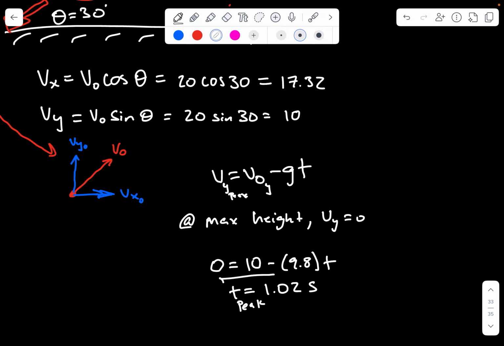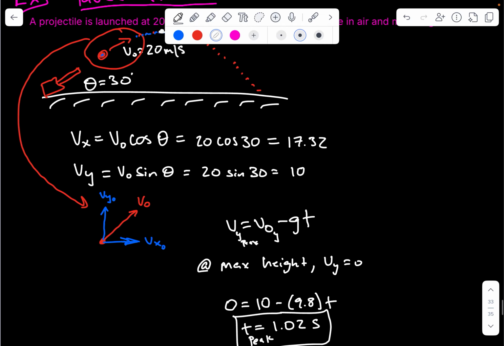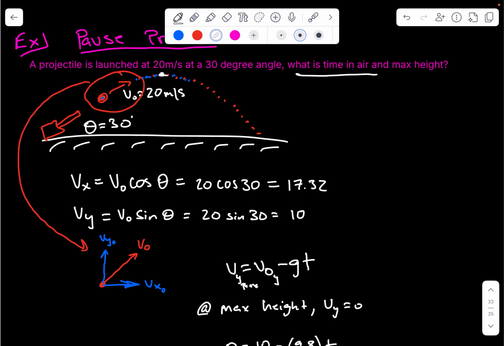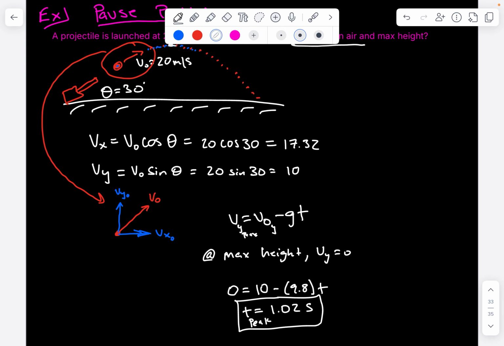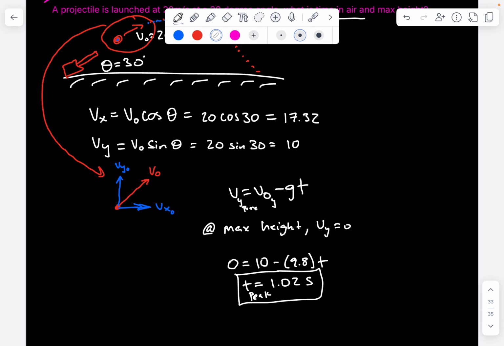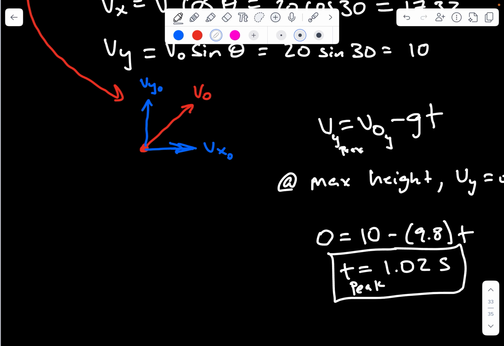So this is t peak, right? However, that is not what the problem asks. The problem asks, what is the time in the air? But we only solved for the time peak, the time it takes to get to the max height. However, the one beautiful thing of projectile motion is it's always a parabola. So the time it takes to get to the top is just 1/2 of the whole time.